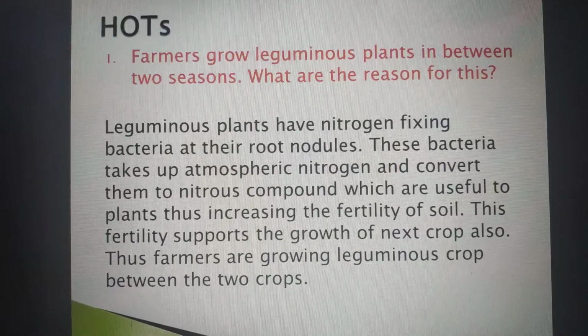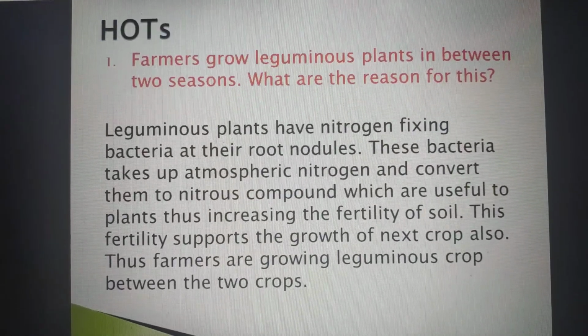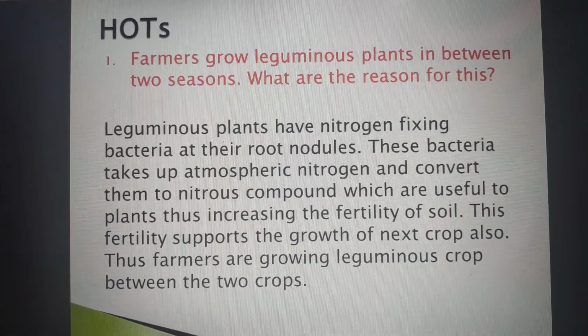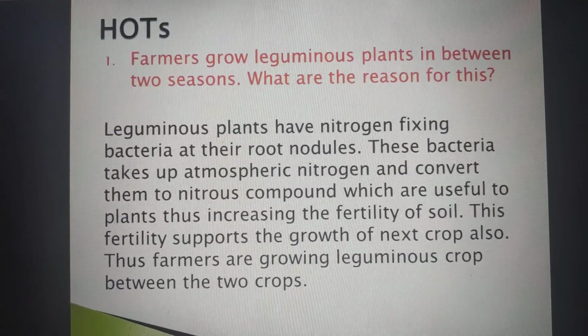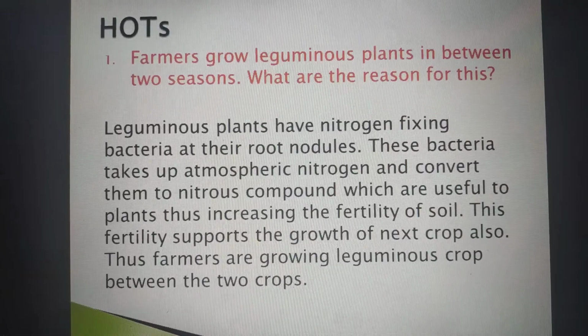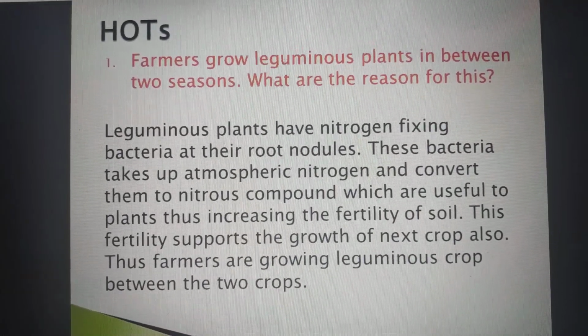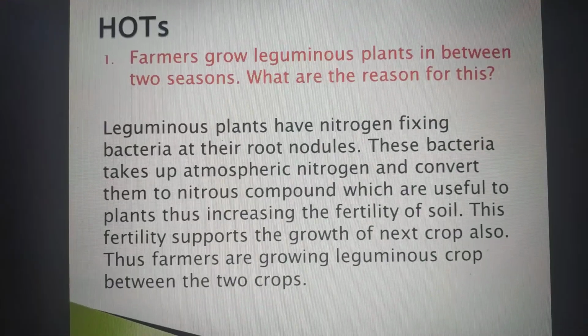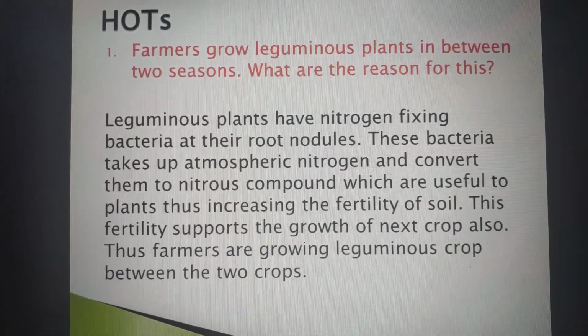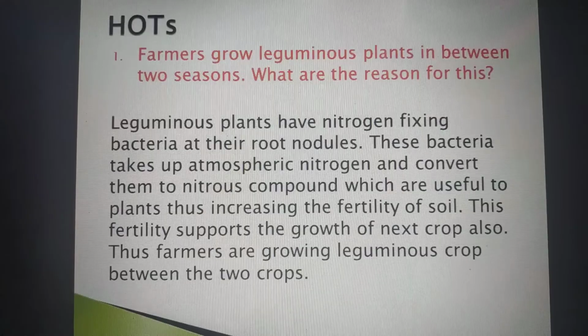It acts like a natural fertilizer, without adding any chemical, without wasting money on fertilizer. The soil gets the fertilizer, increasing its fertility. That's why the farmer grows leguminous plants in between the two crops.